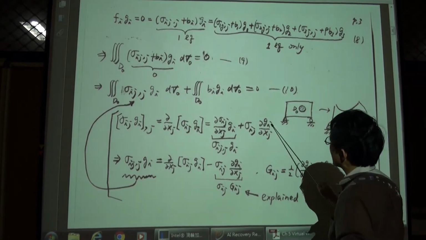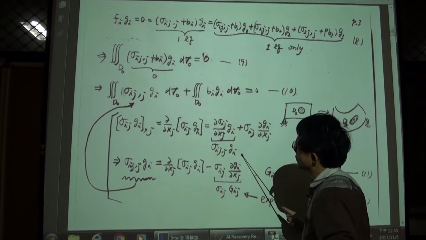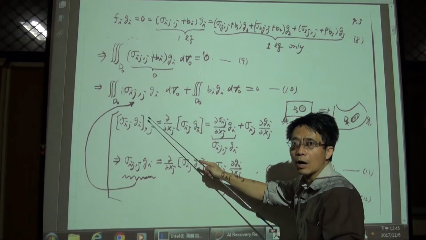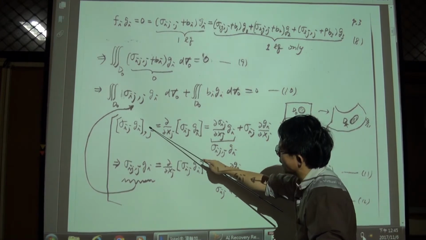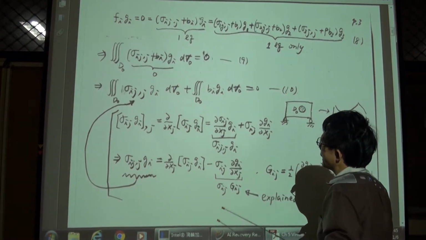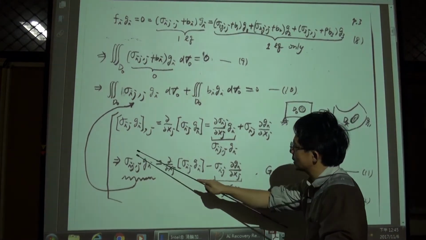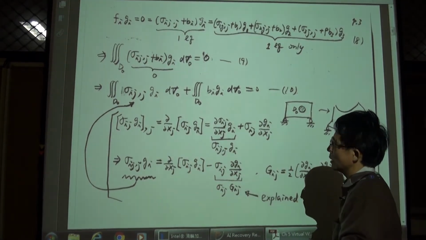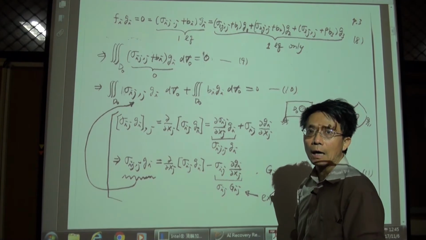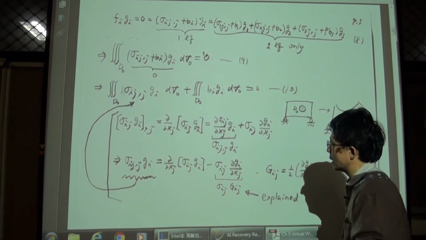Now we can move this term to the left hand side of the equation. We pull this term here. And then this term is just this term, and this term is just this term. We can rearrange the equality.